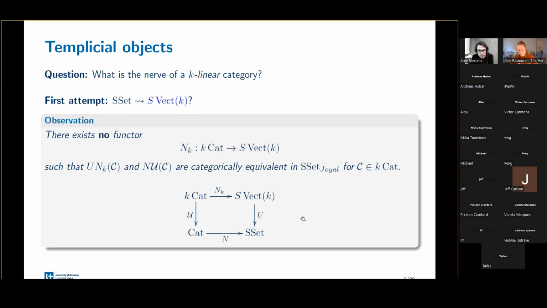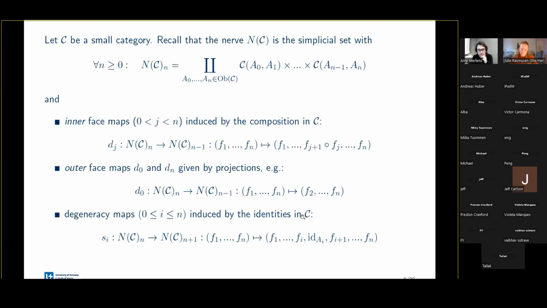So simplicial vector spaces are not going to work, and you can see it already fail if you look at the definition of the usual nerve. I'm going to go over this fairly quickly because I think it's quite well known. If you have a small category and you take its nerve, then the n-simplices of this nerve are sequences of composable morphisms, some f1 to fn, some sequence of morphisms which are aligned at the objects.